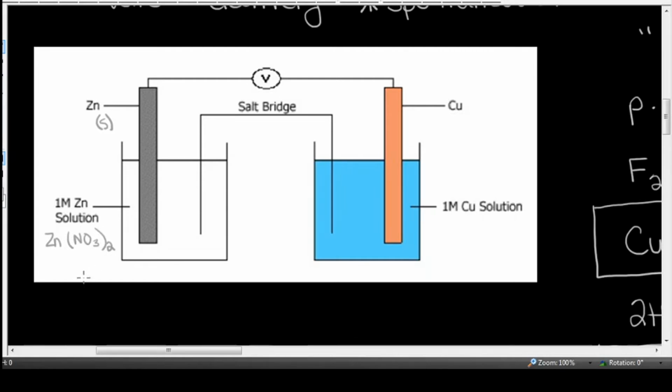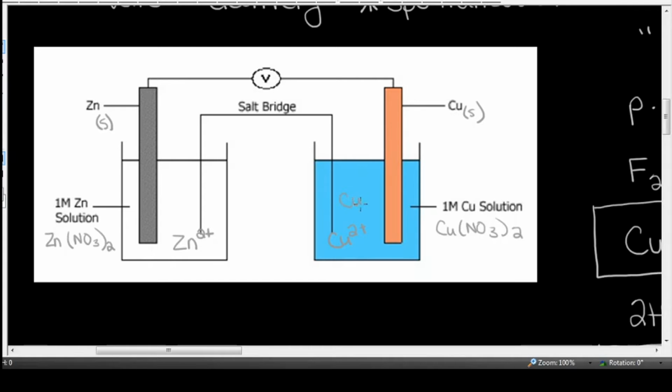say it's zinc nitrate. So in other words, I've got floating around in this beaker a bunch of zinc 2 plus ions. Over here on the right-hand side of my setup, I have a solid copper electrode, sitting in a solution probably of, let's say, copper nitrate. That's where we got all of these copper 2 plus ions floating around in this solution.